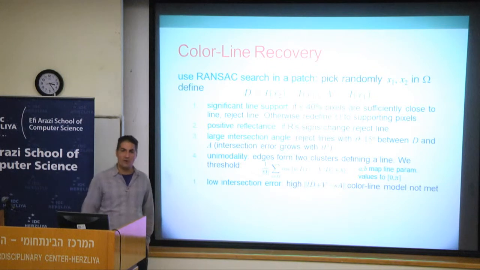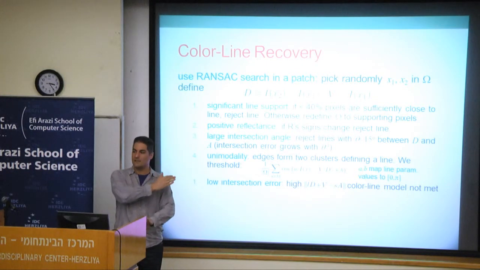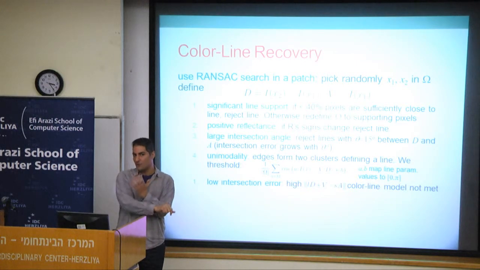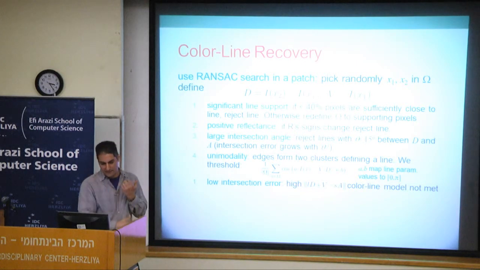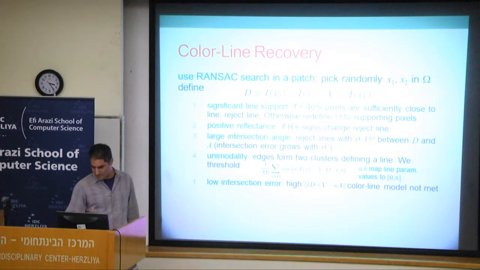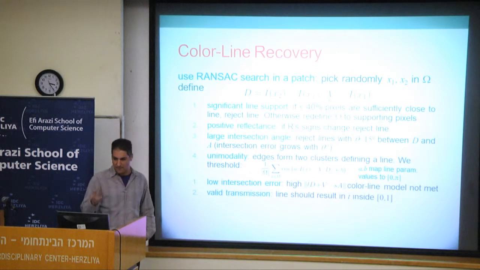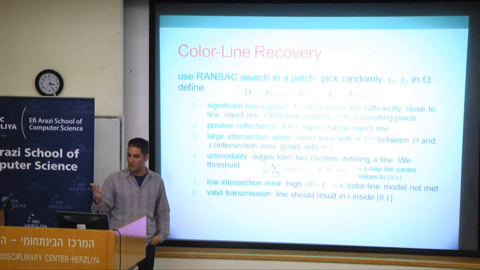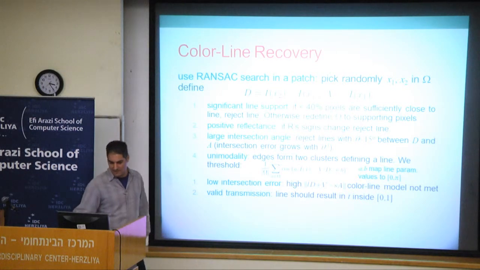And of course, low intersection error, we're intersecting two lines in R3, so they don't have to intersect. There is a distance between the two, so some threshold on that is also expected. And also, we expect the transmission value to be between 0 and 1. It's another criterion that we can check whether the solution gives that.